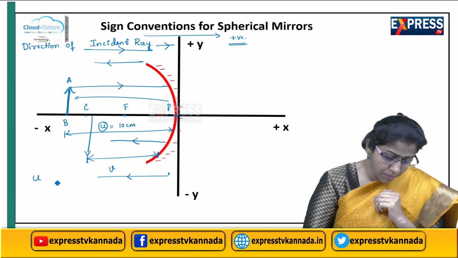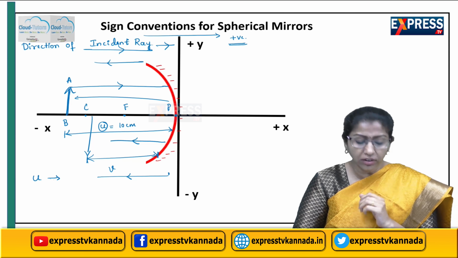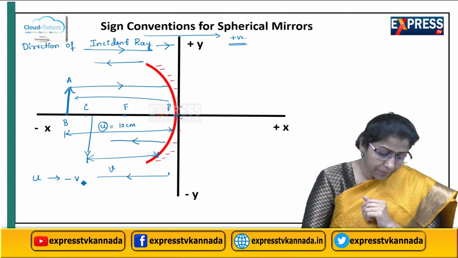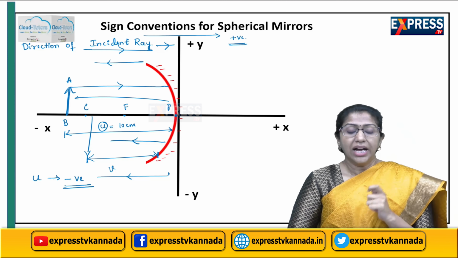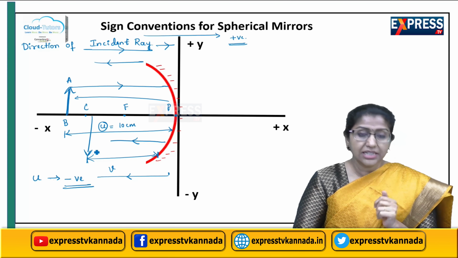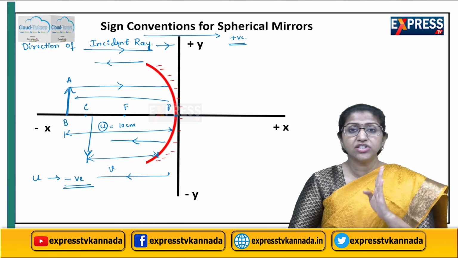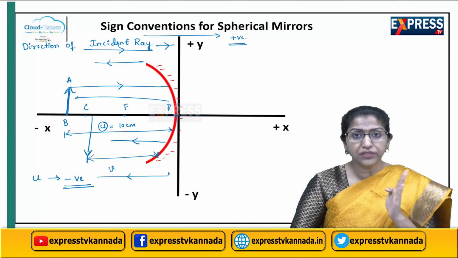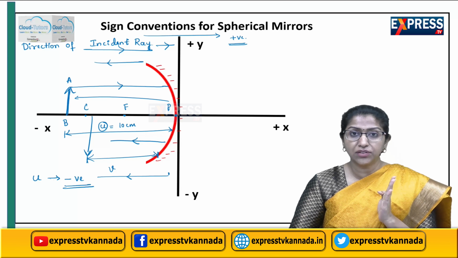Hence, the object distance for any kind of mirror, be it convex or concave mirror, all of them have to be taken negative. Now, another thing is, whenever there is a real image formed, the real image is always in front of the mirror. So, it is on the same side as that of the object.